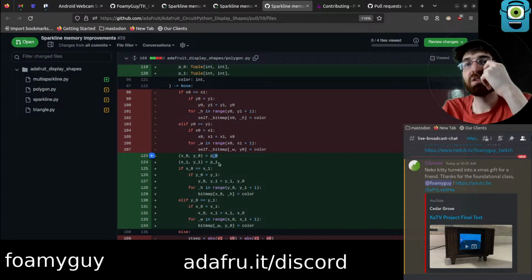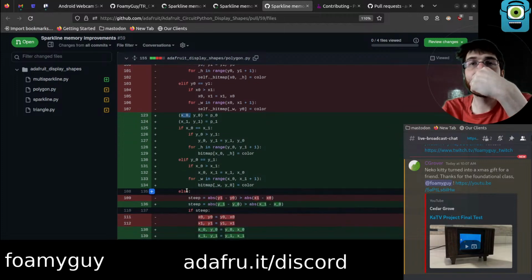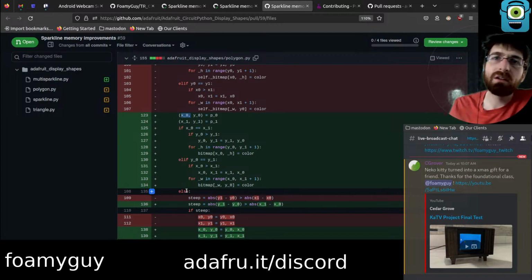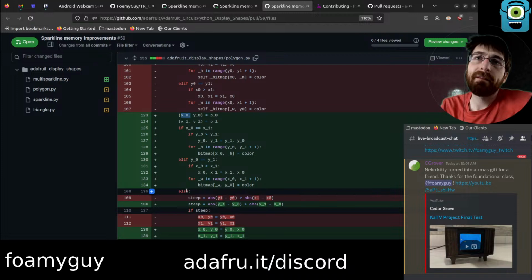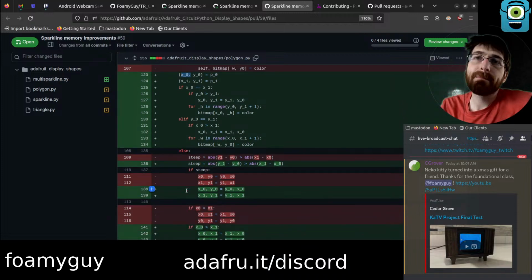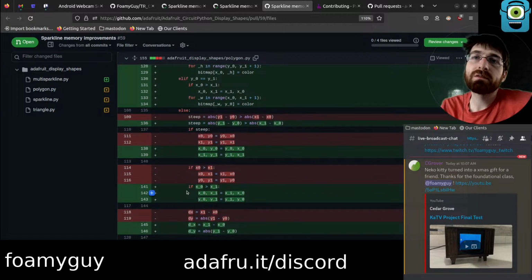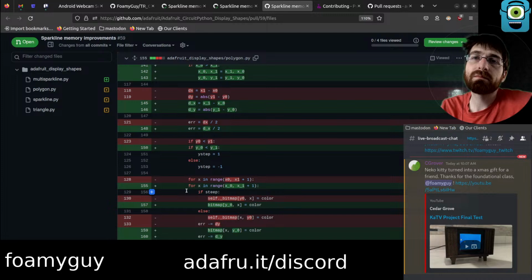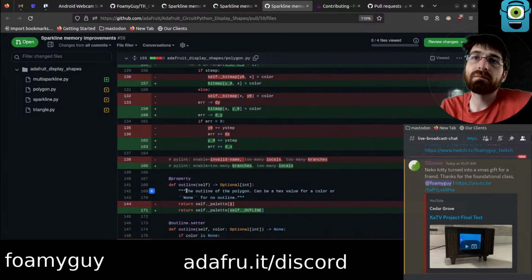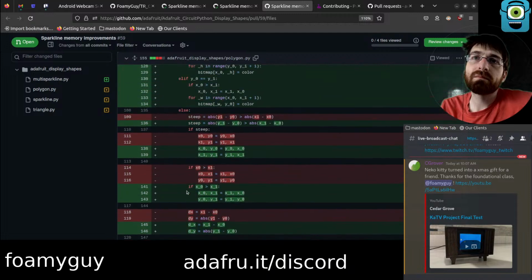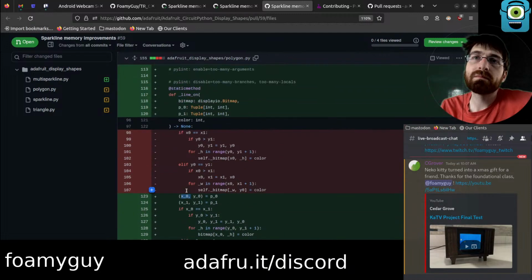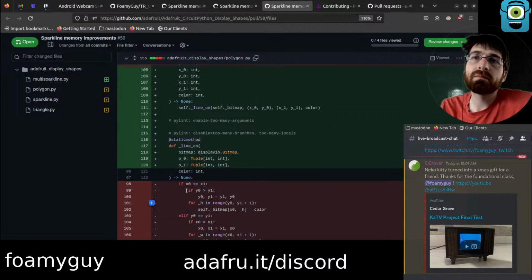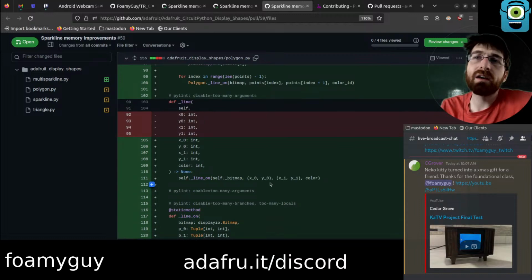Okay, yeah, we have P0, P1 as tuples, so we need to take them out and put them in X1, X0, Y1, Y0. I know what steep means. Line on.